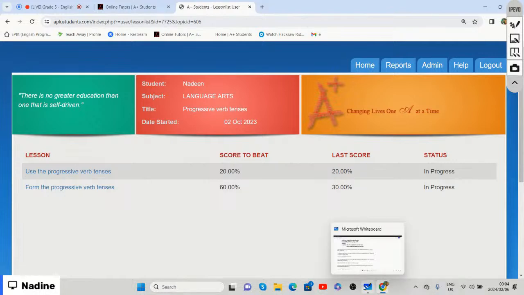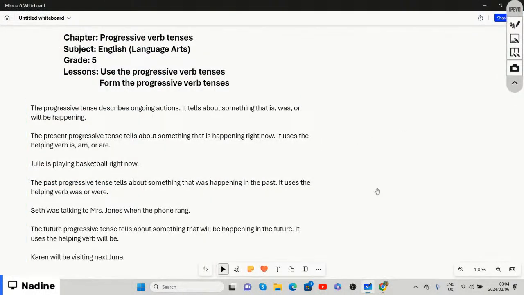All right. So when it comes to progressive verb tenses, we said the chapter is progressive verb tenses. Our subject is English language arts, grade 5.